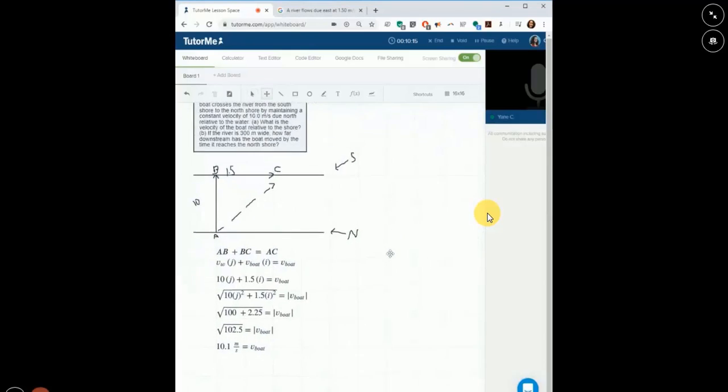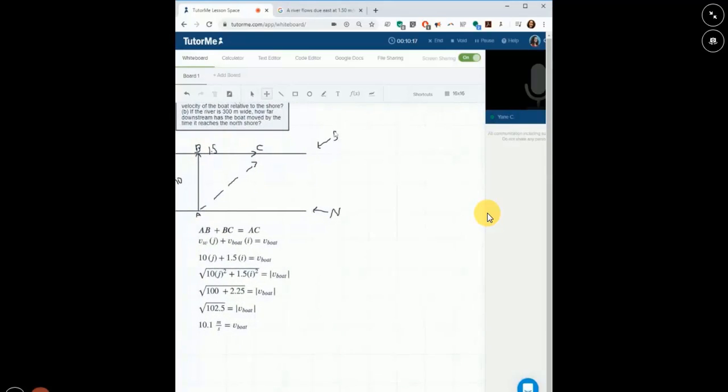So part B says, if the river is 300 meters wide, how far downstream has the boat moved by the time it reaches the shore? So I'm marking this as theta, and this we're saying is 300 meters.